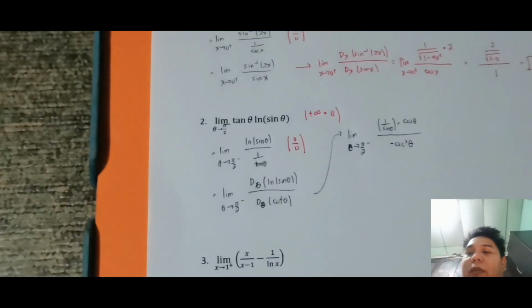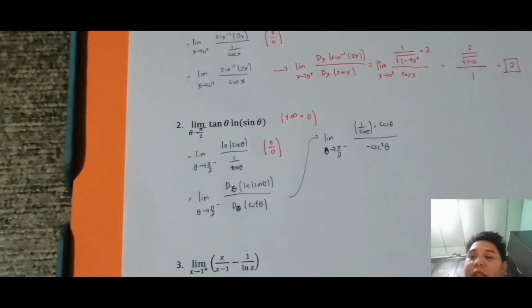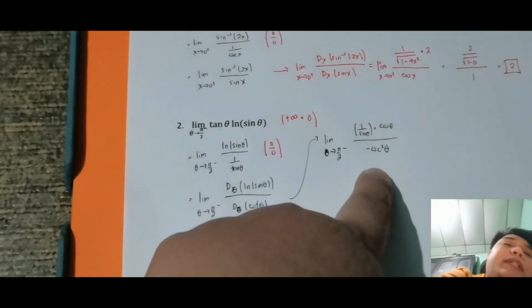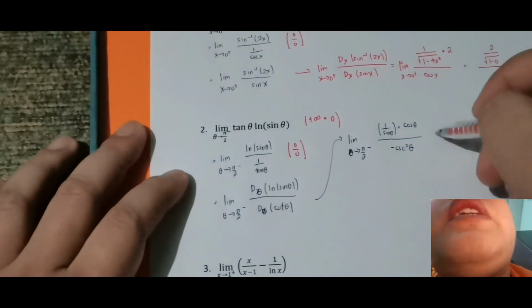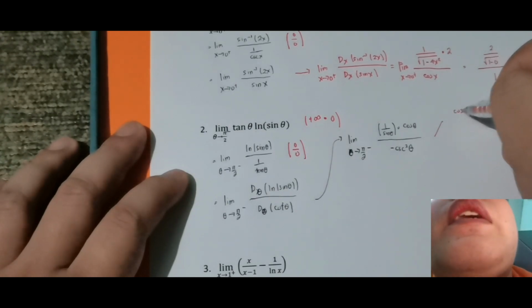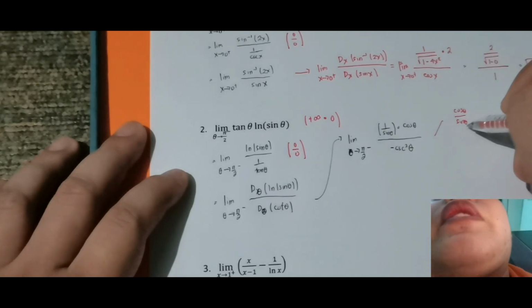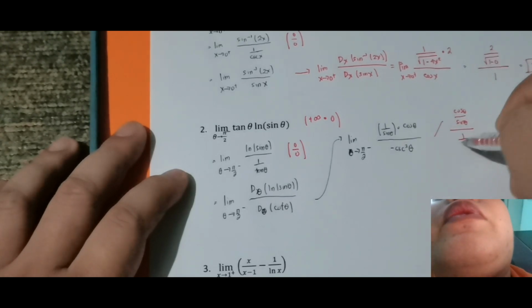Ang obvious naman guys, may simplify ba tayong pwede dyan? Meron naman tayong pwedeng i-simplify sa taas, kasi ito is 1 over sine. So 1 over sine, when simplified, this is cosine theta over sine theta. Tapos ito is 1 over negative 1 over sine squared theta.